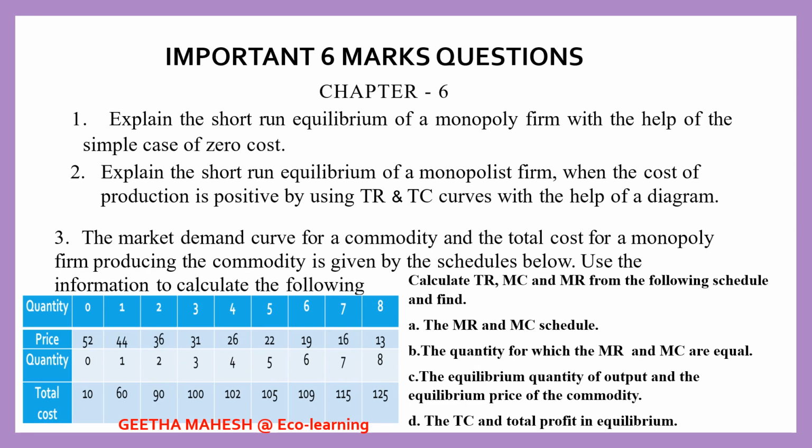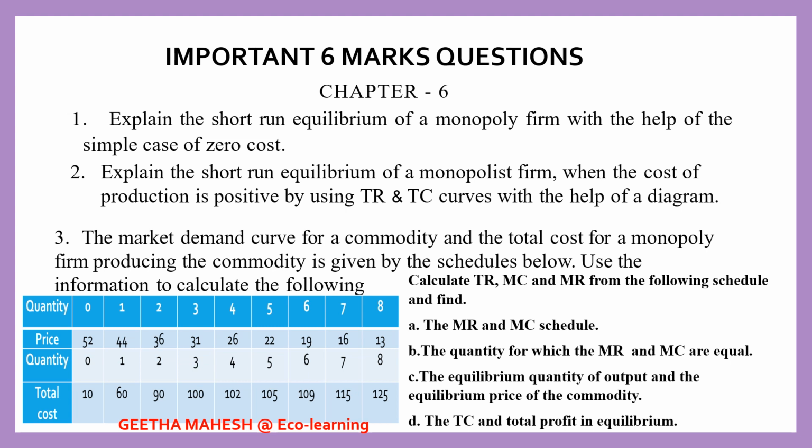From the 6th chapter also, you can expect one 6-mark question, and there are three important questions. First one is short-run equilibrium of a monopoly firm with the help of the simple case of zero cost. One more question is short-run equilibrium of a monopolist when the cost of production is positive, using TR and TC curves with the help of a diagram.